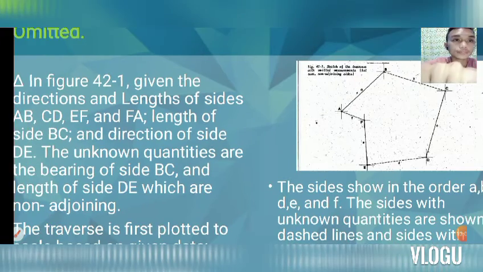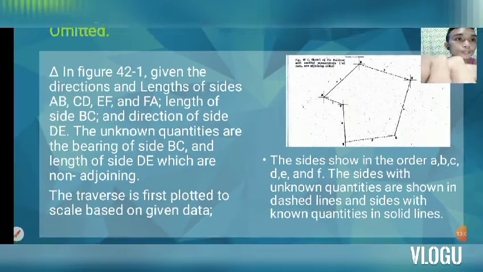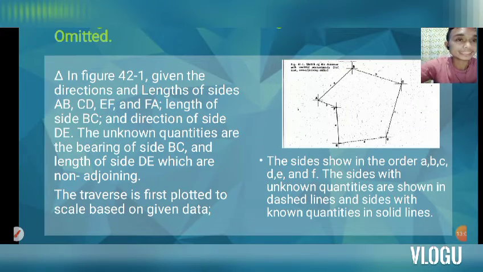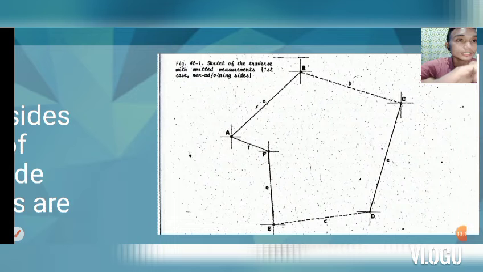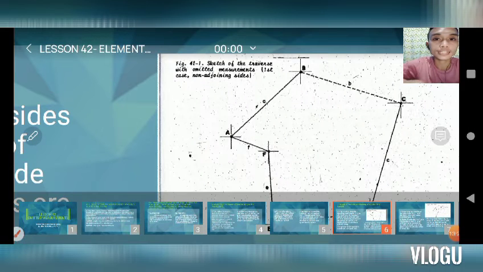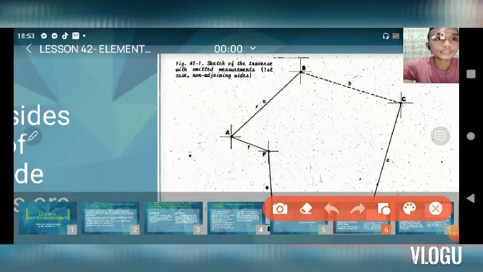So the sides are shown in order A, B, C, D, E, and F. The sides with unknown quantities are shown in dashed lines, and sides with known quantities are in solid lines. So if we look here, the dash lines represent our unknown quantities.